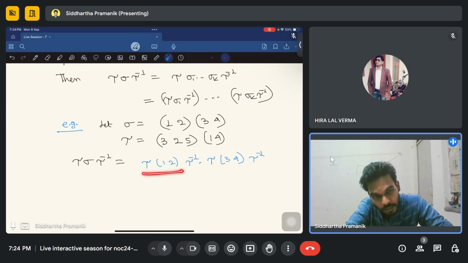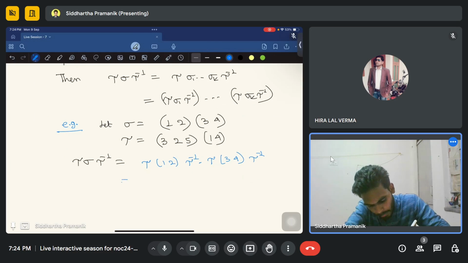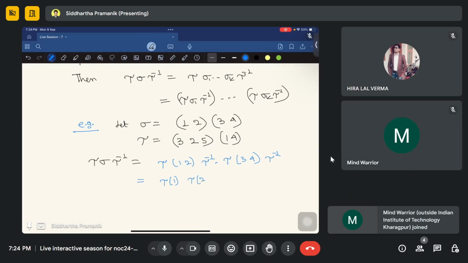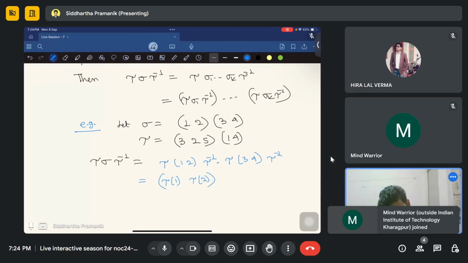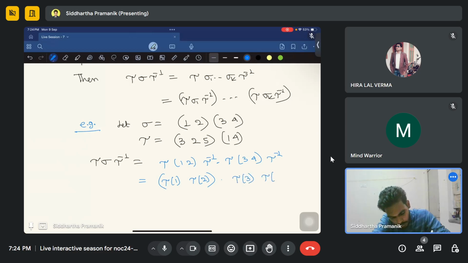Now what are these two cycles? It is tau of 1, tau of 2, and this one is tau of 3, tau of 4.